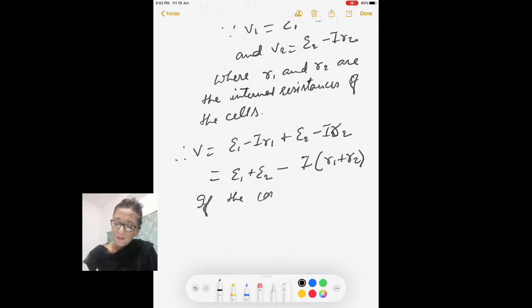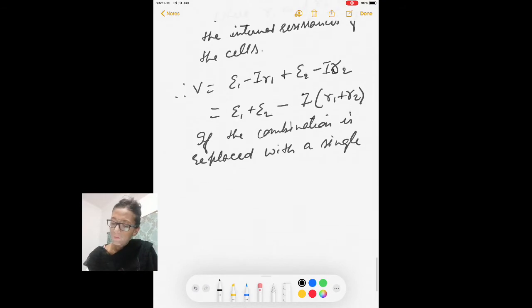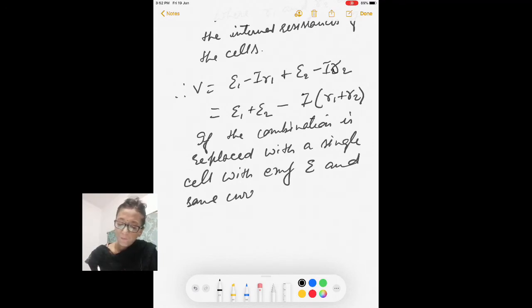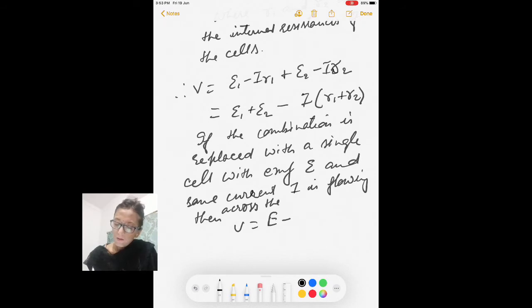Now if the combination is replaced with a single cell with EMF E and the same current I is flowing across the internal resistance R, then V is equal to E minus IR.